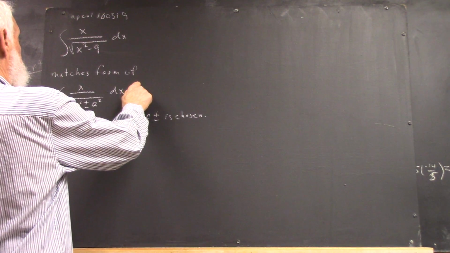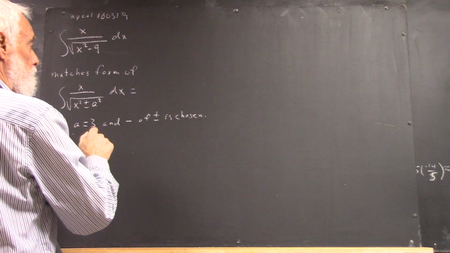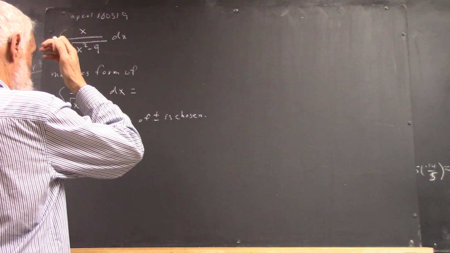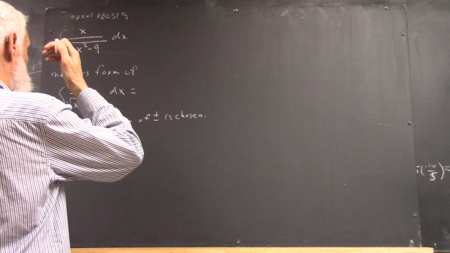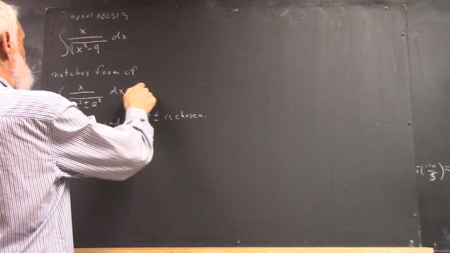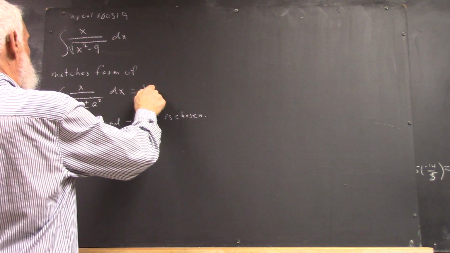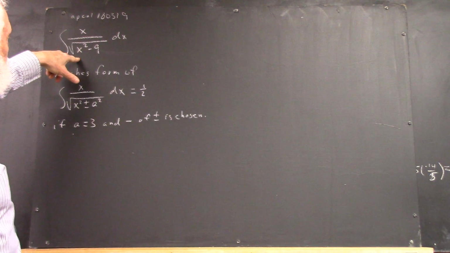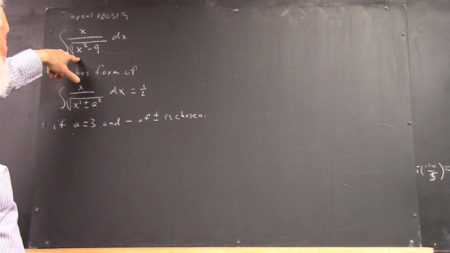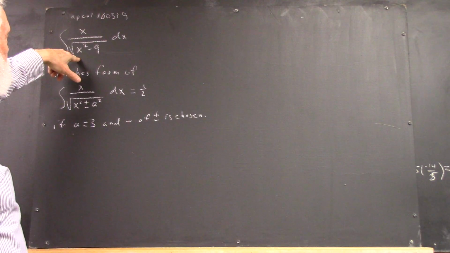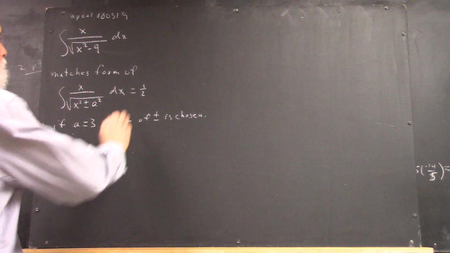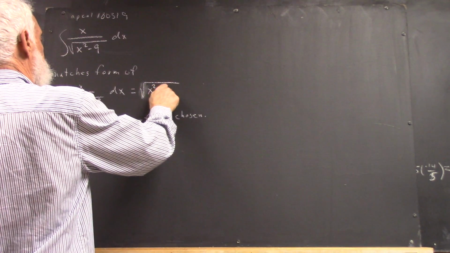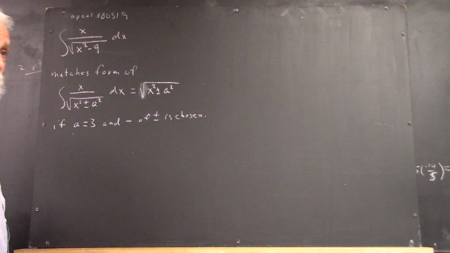And this integral is nothing but, if I let u equal x squared plus or minus a squared, I get 2u du, and then my antiderivative would be 2 times, so the integral is just the square root of x squared plus or minus a squared, right?